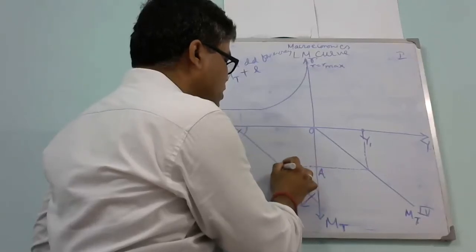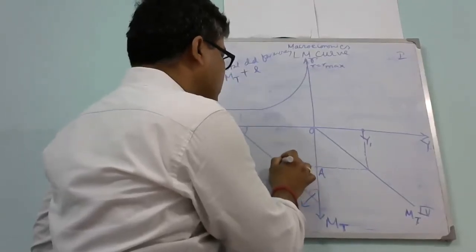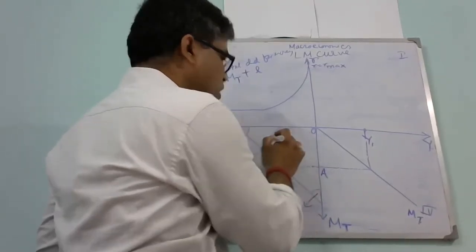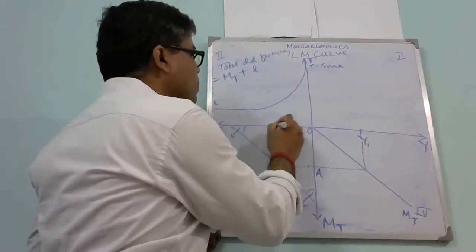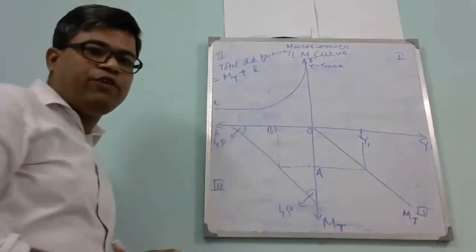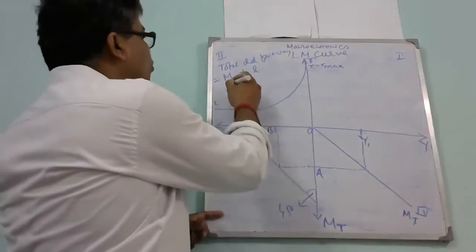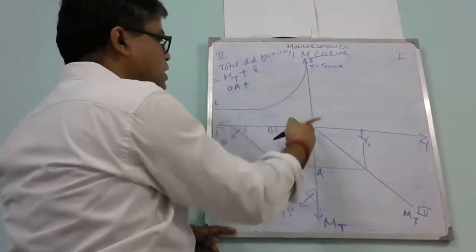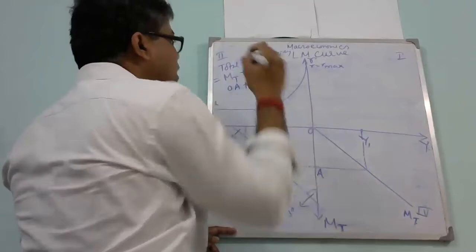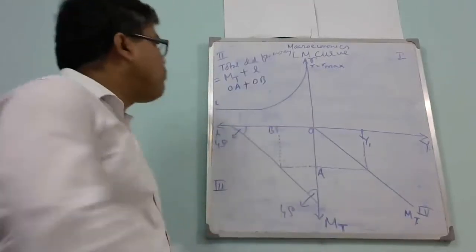So we will come to this side. This one is OA, and this is OB. OB will be the speculative demand for money. So OA is the total transaction demand for money, and OB is the total speculative demand for money.